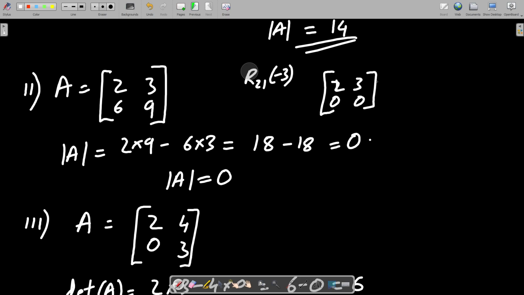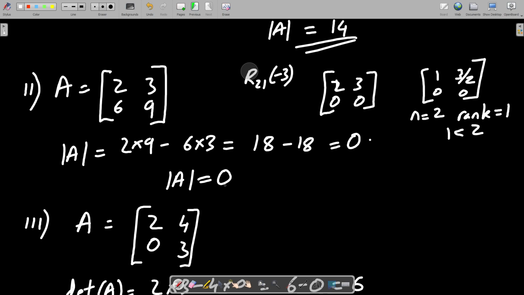Then you divide by 2 and you get 1 3 by 2 0 0. So the rank of this matrix is 1, which is less than the number of rows. In this case n was equal to 2 and rank is equal to 1, so the rank is less than 2. Hence the determinant is 0. But we have manually calculated it here. You can even argue like this.